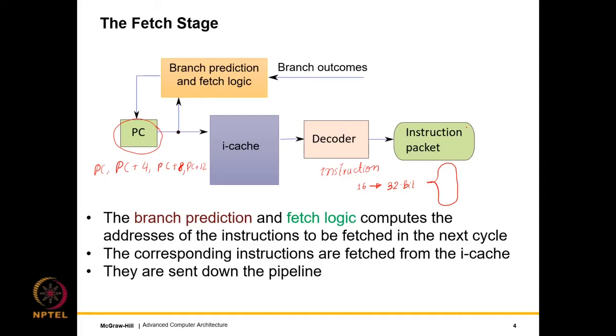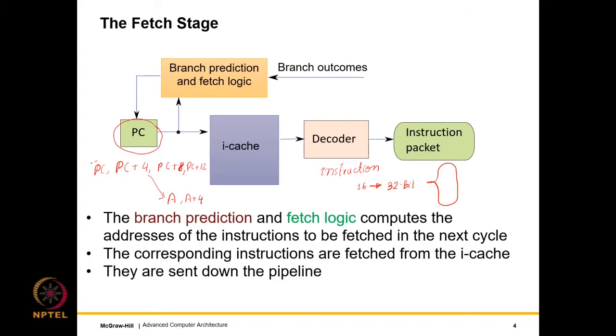Branches actually can cause problems, and a lot of serious problems, in the sense that they make the control flow deviate. So the addresses, instead of being as well behaved as PC, PC plus 4, PC plus 8 and so on, can actually, if this is a branch, branch to a separate address and we need to fetch from there. So this issue will be there.